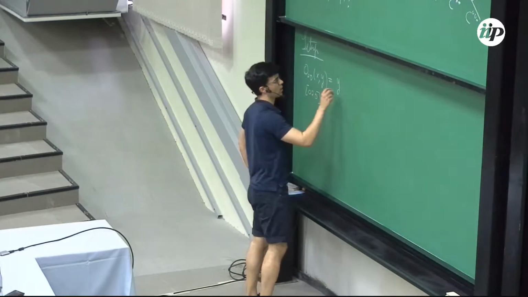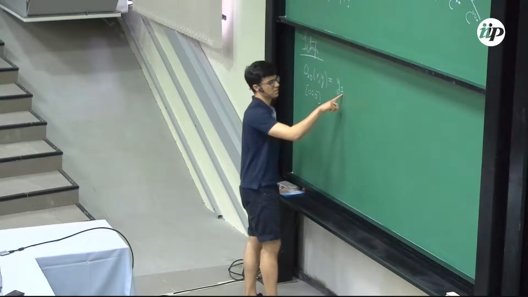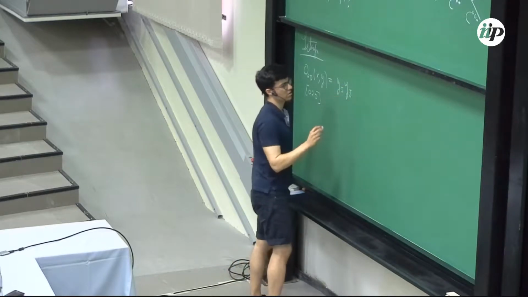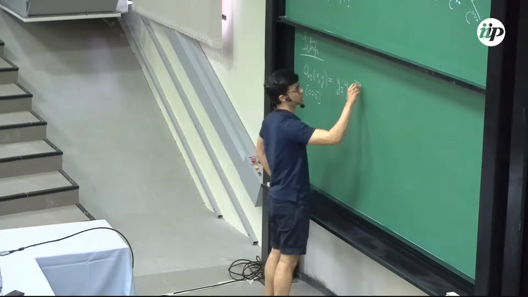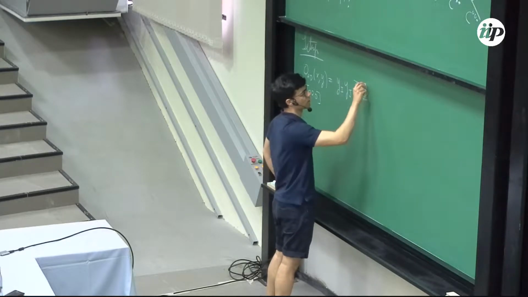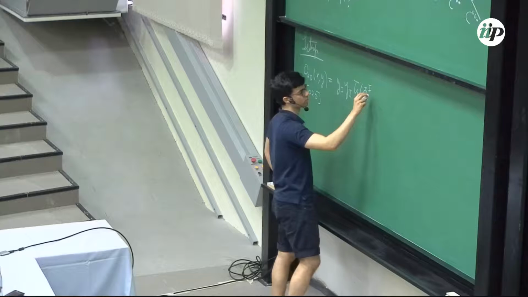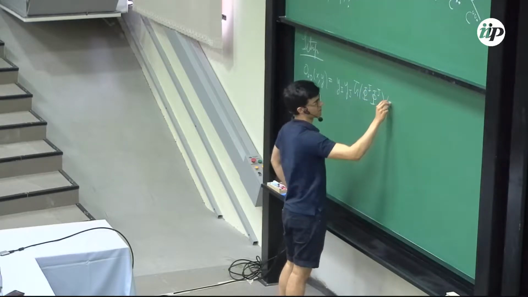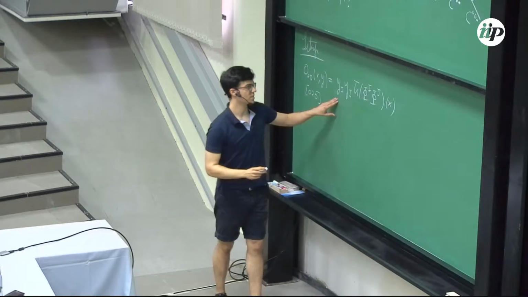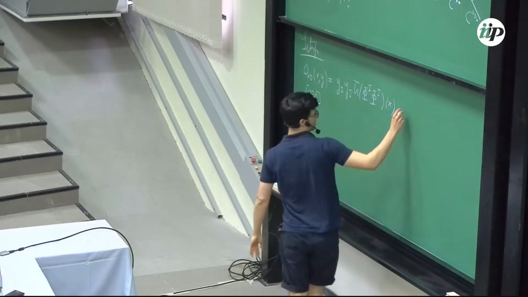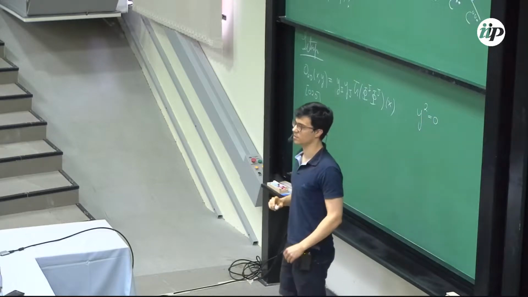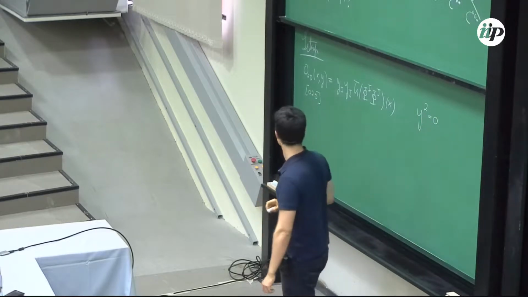We use these y vectors with an index going from 1 to 6 to encode the symmetric traceless representation, evaluated at x. This is clearly symmetric, and we must require that y squared is 0 so that it's a symmetric traceless representation.